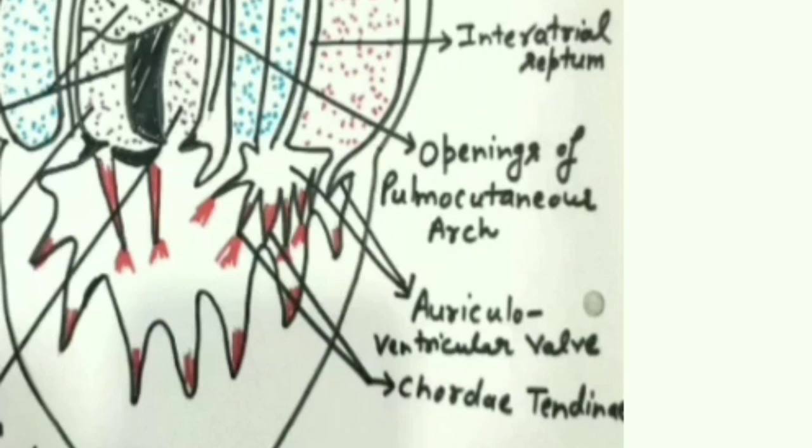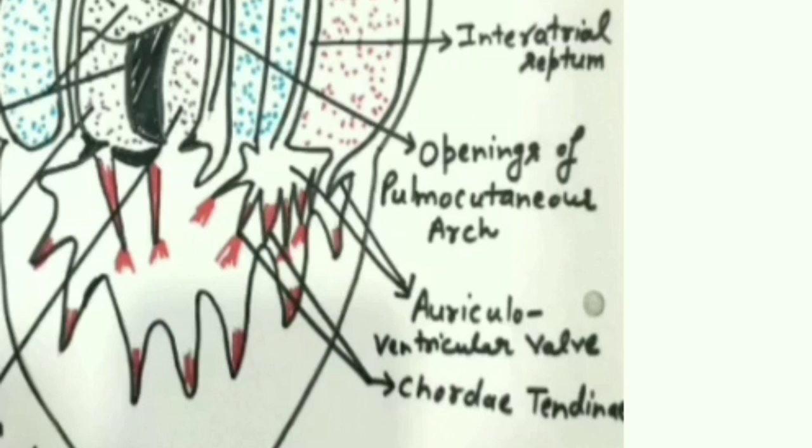So ventricles have columnae carneae, the muscular ridges, and one more thing you can see over here, there are special cord-like structures called chordae tendineae. These are chordae tendineae. Okay, chordae tendineae are special cord-like structures which hold the auriculoventricular valve. The flaps of that valve are connected to the ventricular wall through chordae tendineae.